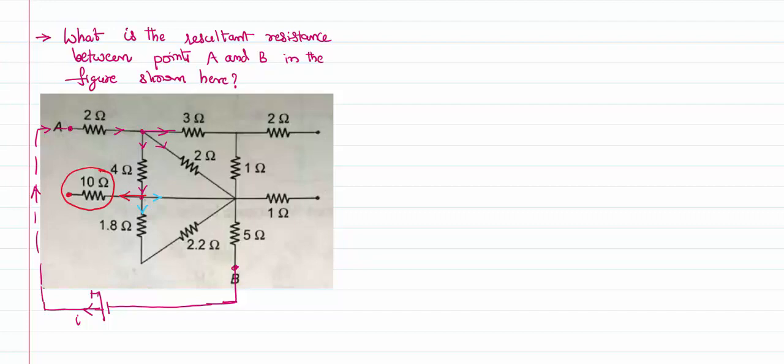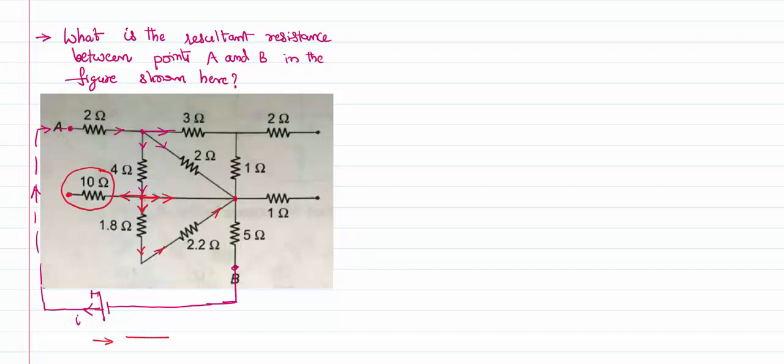Now the choice is between this line and this line. If the current is going through this 1.8 ohms, it has to further travel through this 2.2 ohms and come back to this junction. That's one choice the current has. The other choice is current traveling through this straight line. That straight line is an indication of a short circuit.